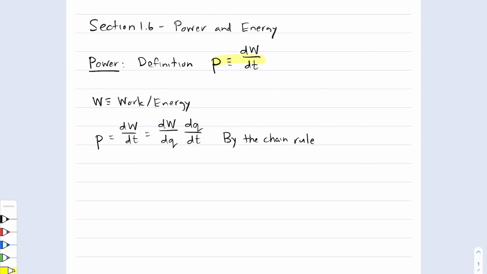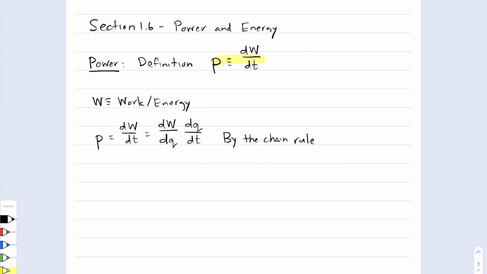It really is almost as if these dq's kind of cancel out. They're not actually canceling, but it's as if they were, and in the numerator and denominator you'd have dW/dt. So I'm fully justified in rewriting it like this.